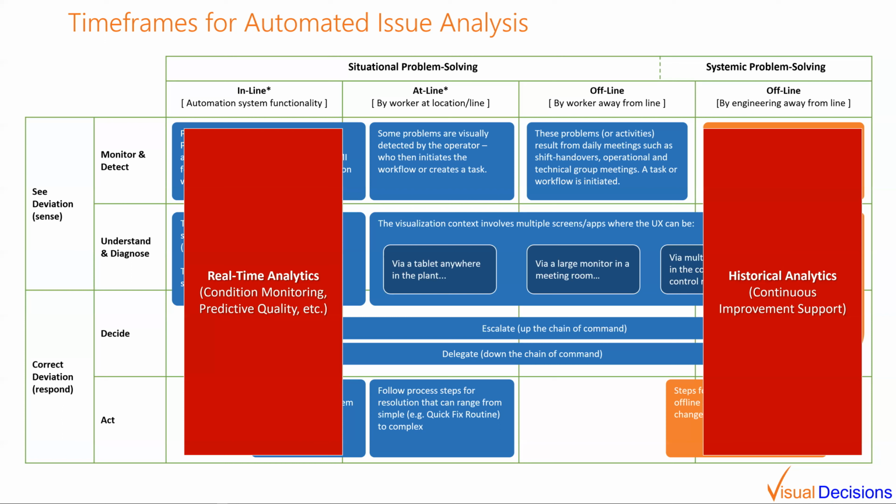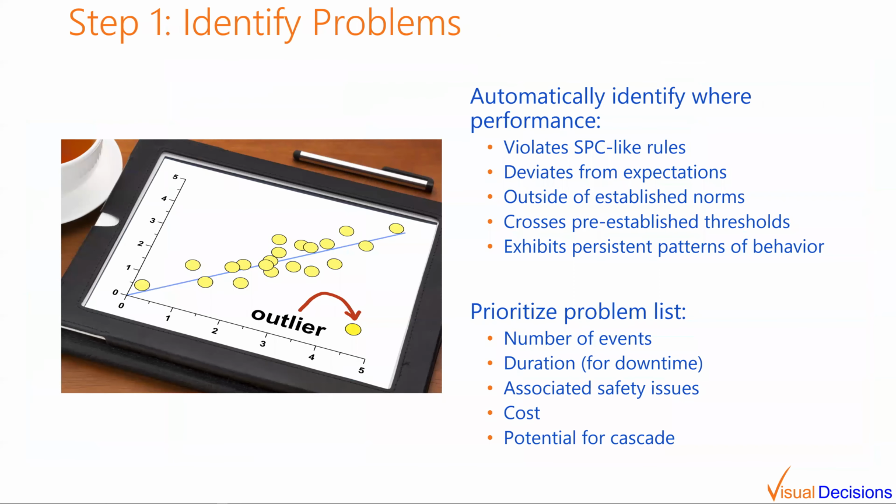So those are the two different timeframes we can look at: the real time, as well as the historical analysis, the trends and so forth, that will help us optimize things going forward.